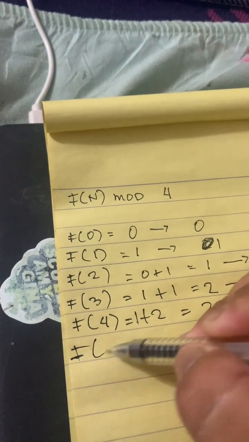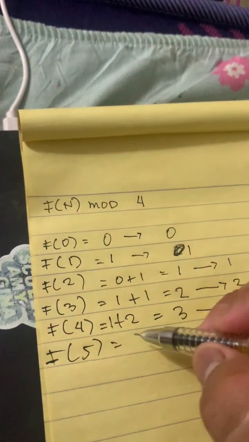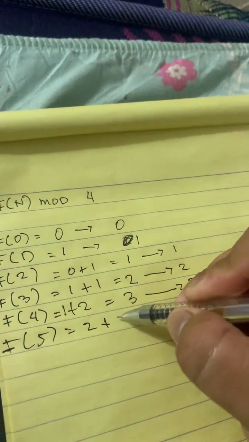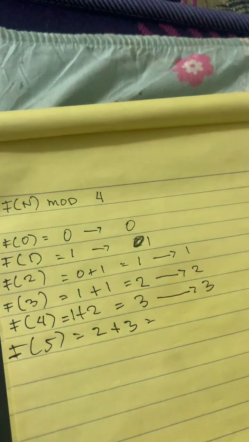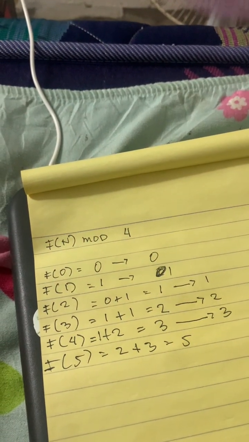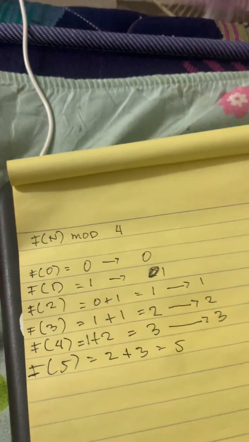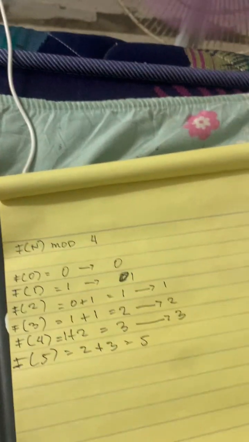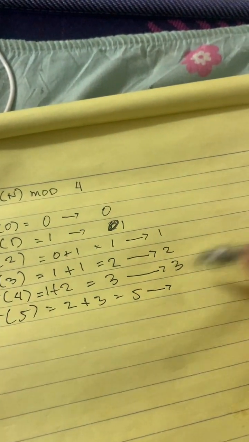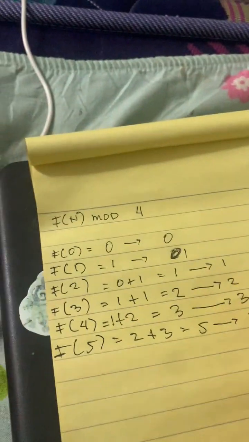F sub 5 is equal to the last two digits, 2 plus 3, which is equal to 5. And if we divide 5 by 4, we have 1 remainder 1. So our remainder here is 1.